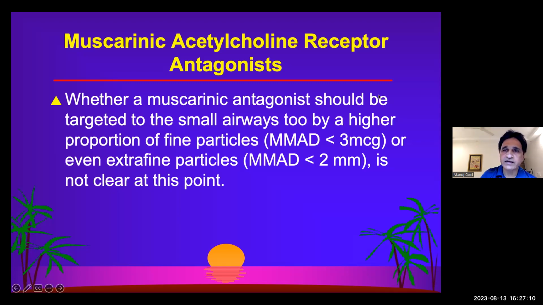Okay, so particles less than 3 go into the distal airways, the small airways, right? Whereas extra fine particles go into the smaller airways, in fact up to the alveolar level, right? So we've got some molecules available as extra fine particles. For example, beclomethasone is available as an extra fine particle.